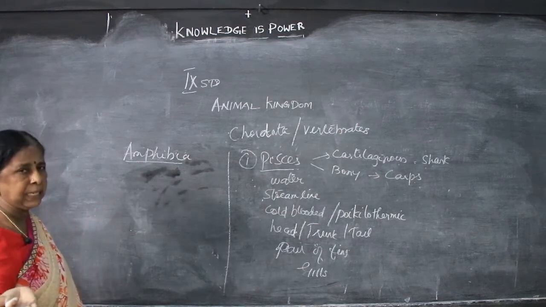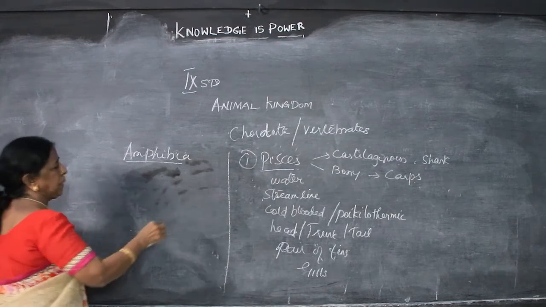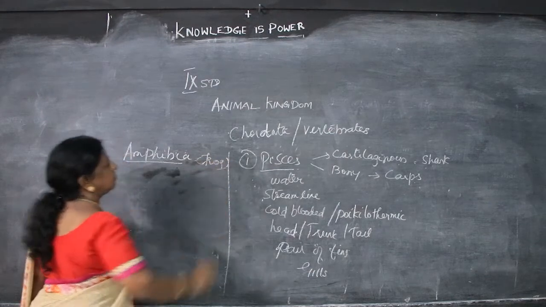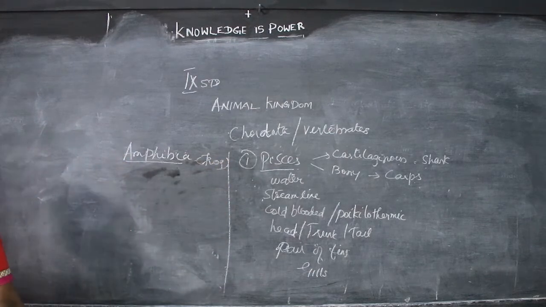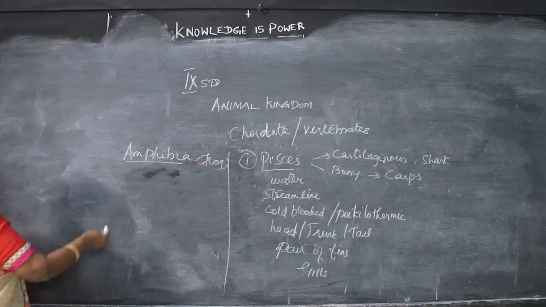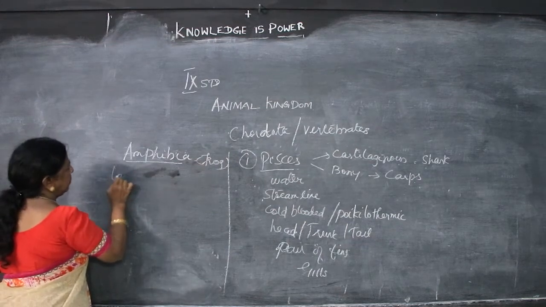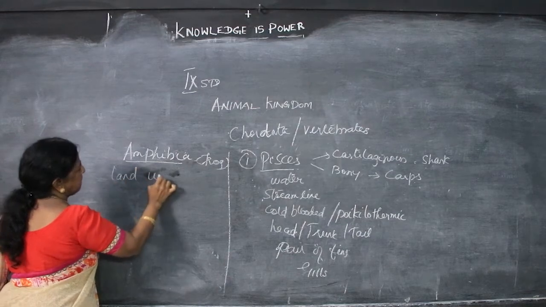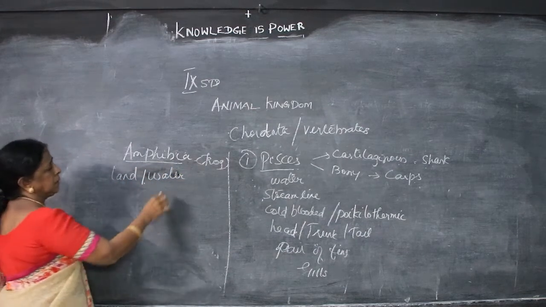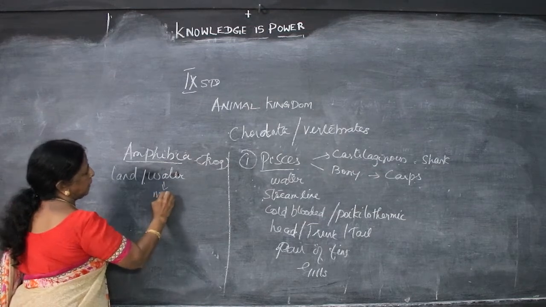Because it has both characteristics, it is known as amphibia. An example is the frog. A frog can live in water as well as on land. While it is in water, the skin is very moist.